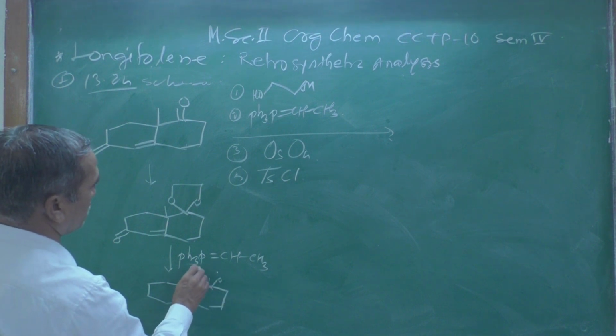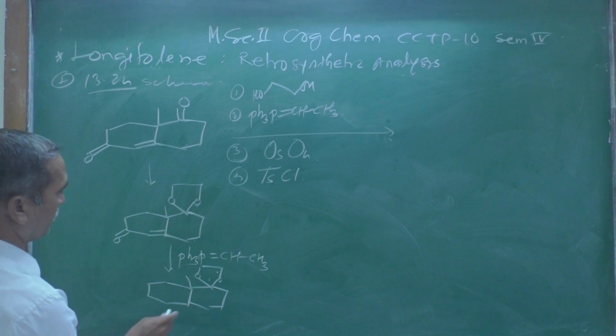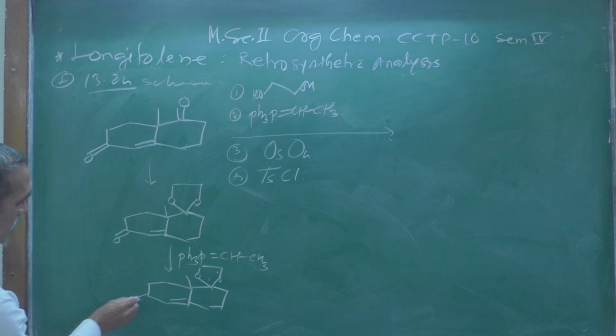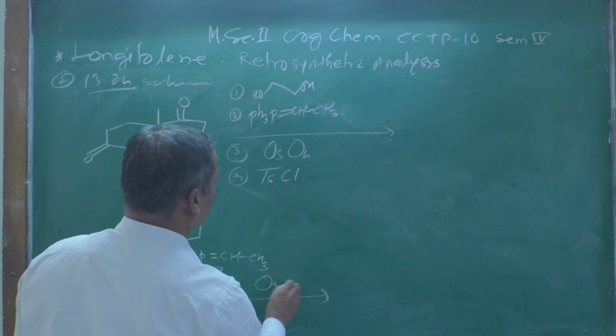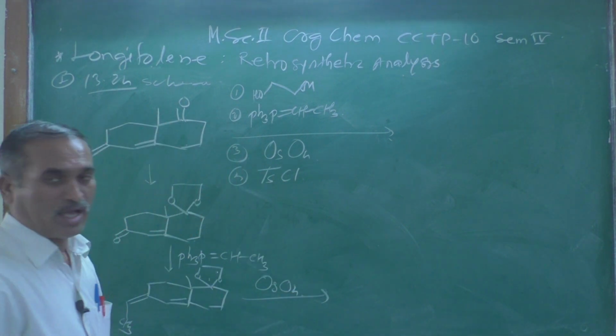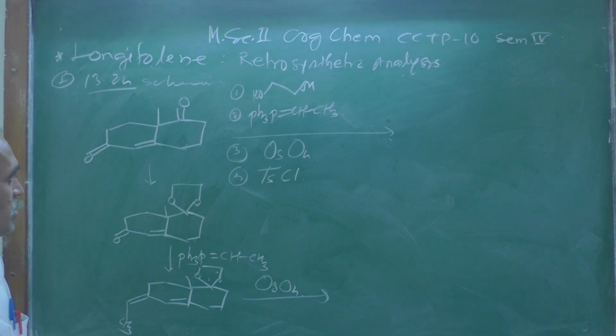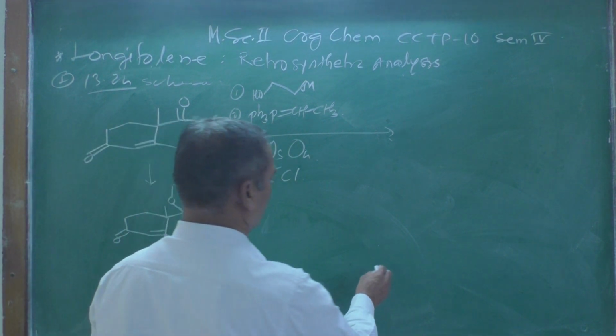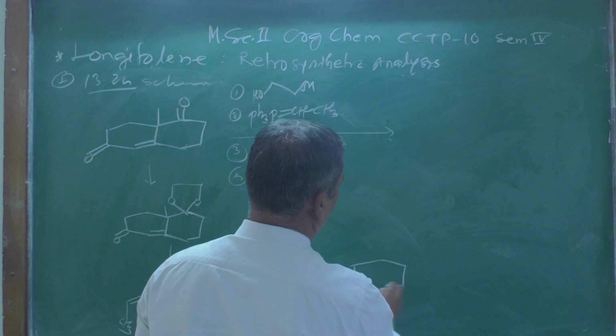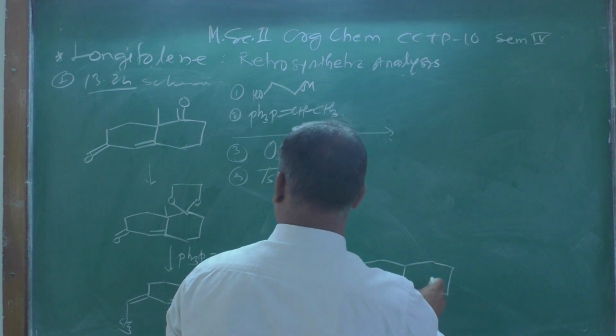This one remains as it is, the methyl group as it is, this double bond as it is, and here you are going to get a CH2. After this, osmium tetroxide, OsO4, which is well known for syn cis hydroxylation, gives the product here.